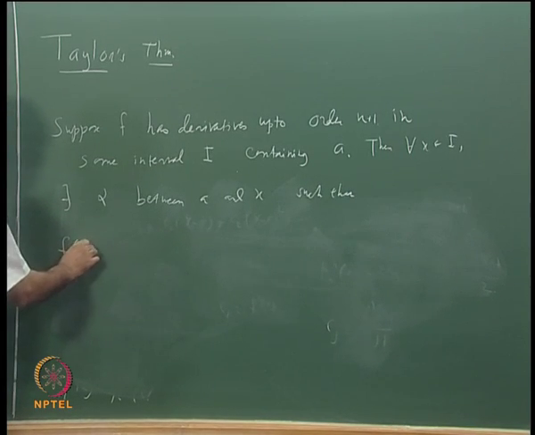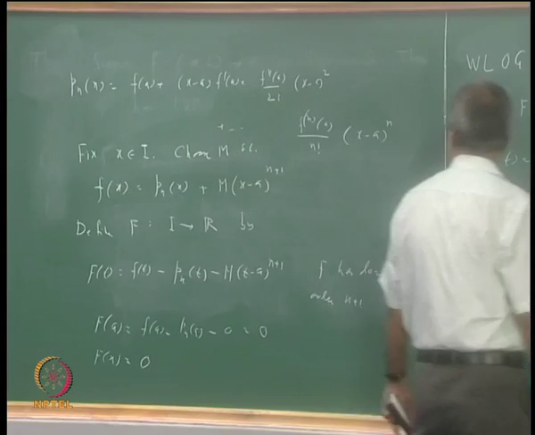f of x is equal to Pn of x. Okay, let us write this Pn of x given by this, and we can use the summation notation to write in the short form.